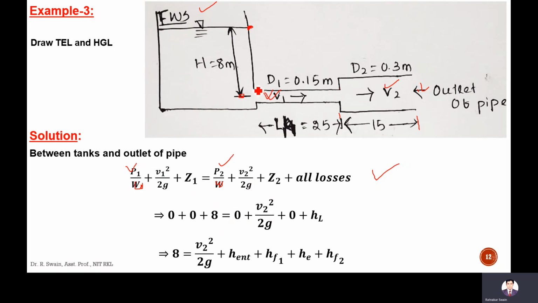All losses means here there will be entrance loss, here friction loss, here expansion loss, and here friction loss. V2 square by 2g, plus entrance loss, plus HF1, plus HE, that is expansion loss, plus HF2, that is the friction loss for the second pipe.